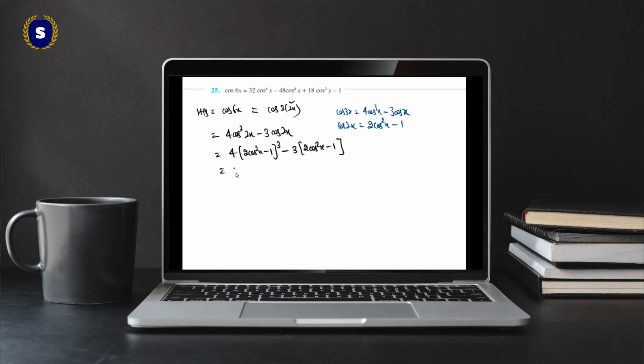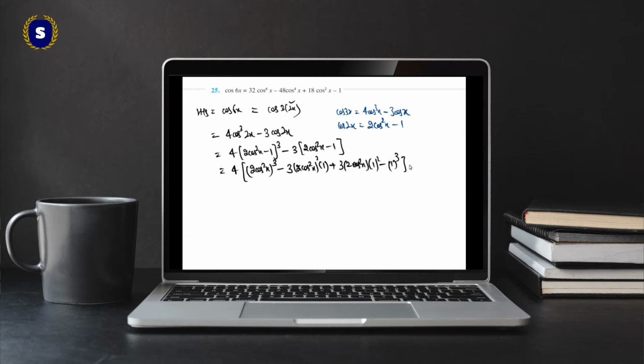So using the identity of a minus b whole cube, we'll get a cube minus 3 a square b plus 3 a b square minus b cube.